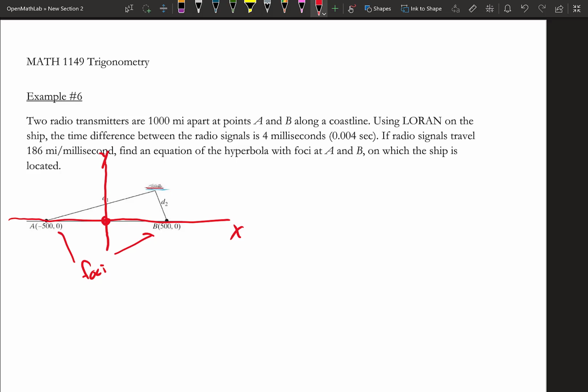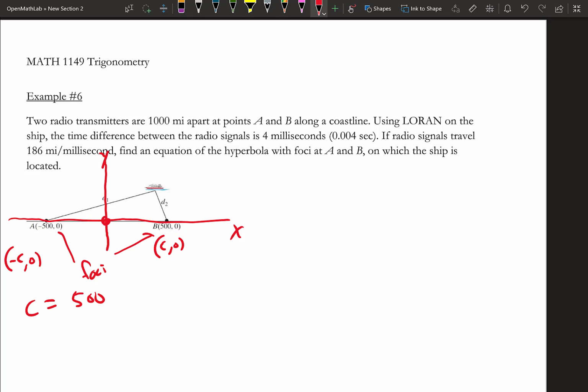So that tells me that point A is in the form negative c comma 0, and point B would be in the form c comma 0. So what that tells me is that c must be equal to 500. So that's one thing to note. So we're trying to find the equation.